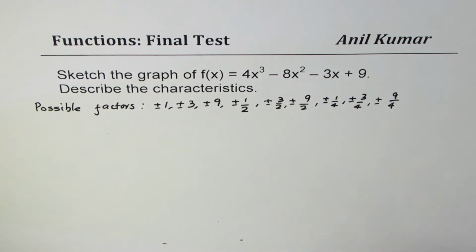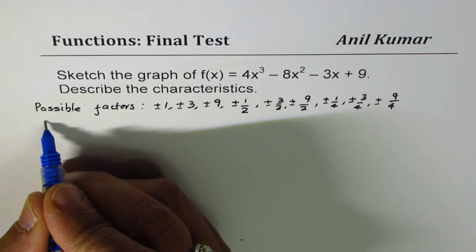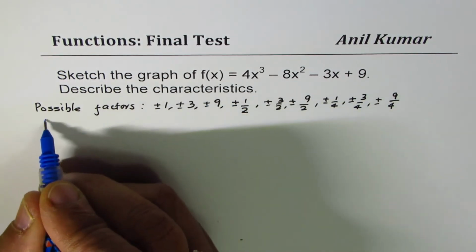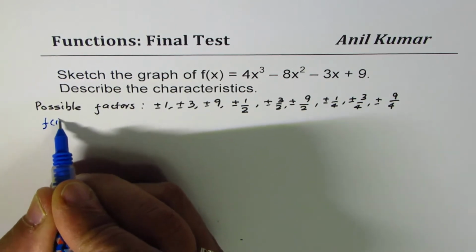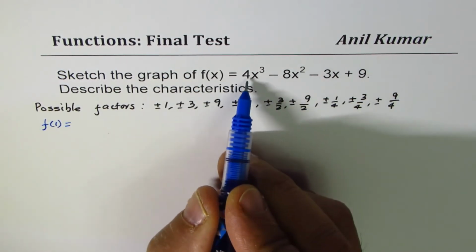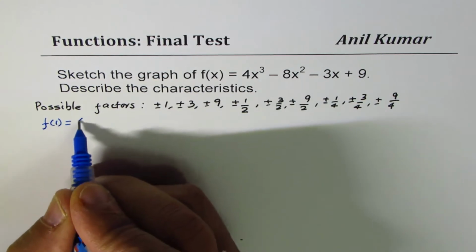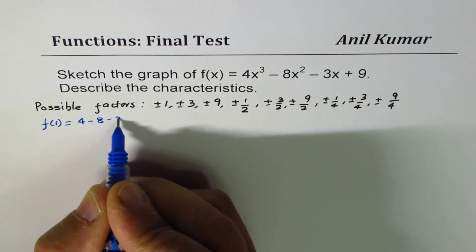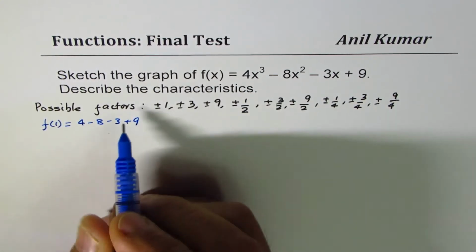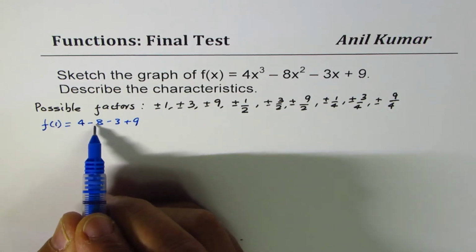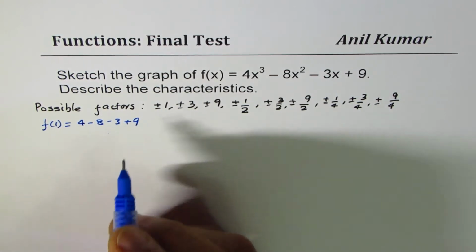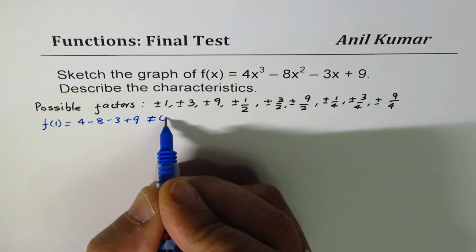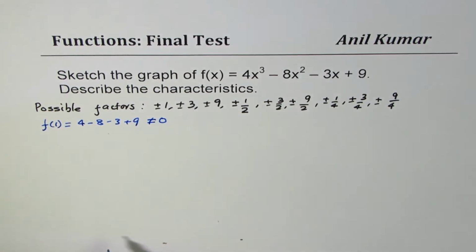If I try with 1, f of 1, I substitute 1 for x, I get 4 minus 8 minus 3 plus 9. And 4 minus 8 is minus 4, minus 3 is minus 7, plus 9 is 2, which is not equal to 0. So 1 is not a factor.